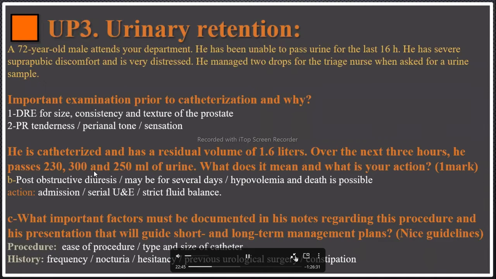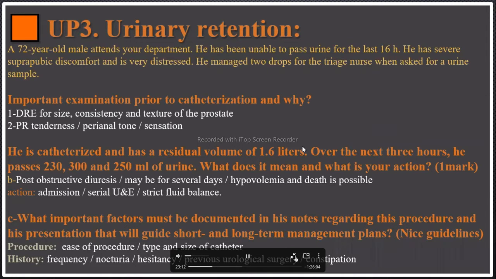And when do we say oliguria? Less than 0.5 ml per kilogram per hour. So, for example, he is 70 kilograms. How much should it be? 35 ml per hour, right?